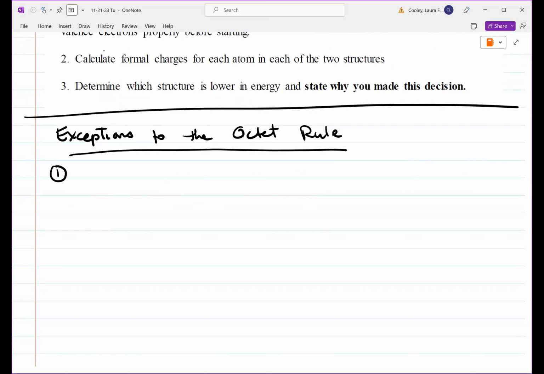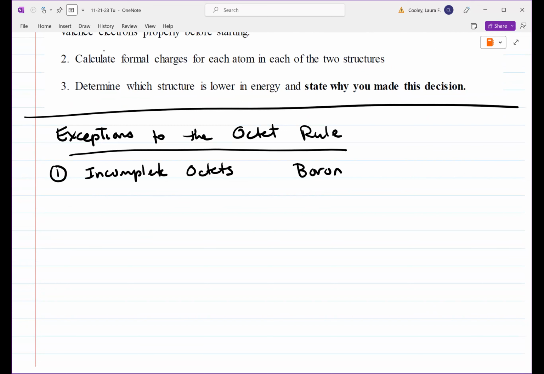The first is what we call incomplete octets. And the only one of these that I think is important for us is boron. Boron is a metalloid, so it's kind of like, it doesn't know where it really is.